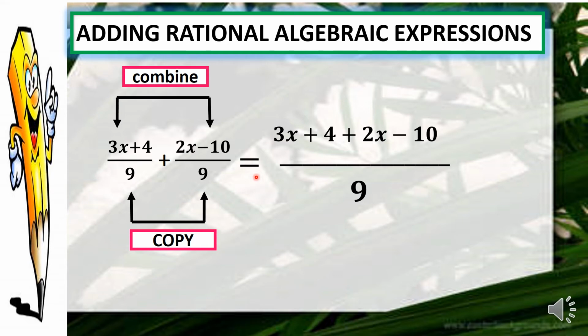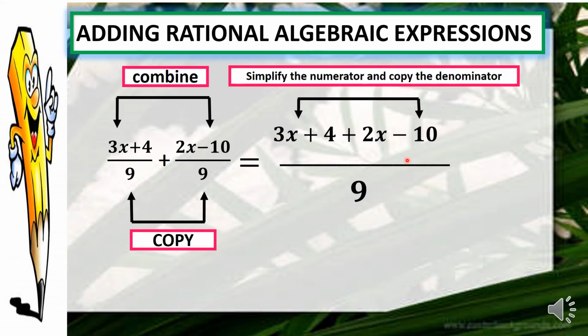Okay? So dito sa ating numerator, ang gagawin natin is to simplify yung numerator, and then once again, copy the denominator. By simplifying dito sa ating numerator, i-combine natin yung mga makikita natin na similar terms. So alin ba yung mga similar terms dito? You have 3x at saka 2x, and then you have your constants, positive 4 and negative 10. Kapag sinimplify yan, 3x plus 2x, magiging sagot natin is 5x.